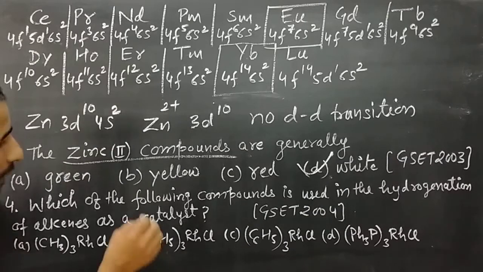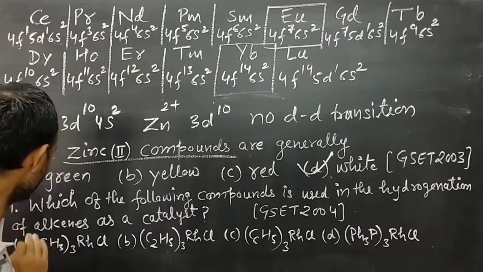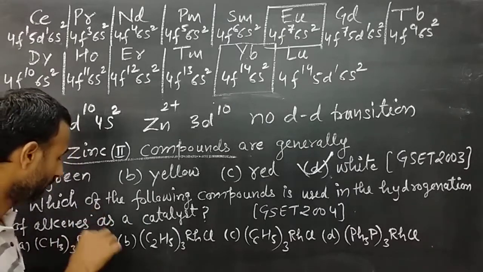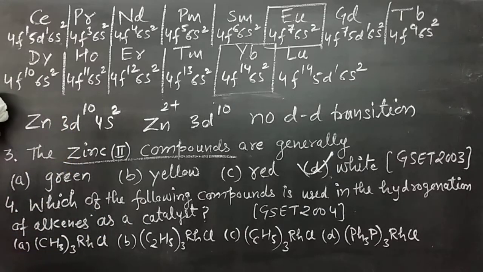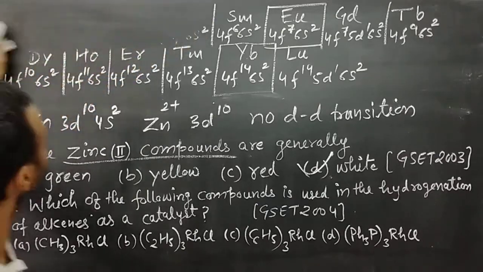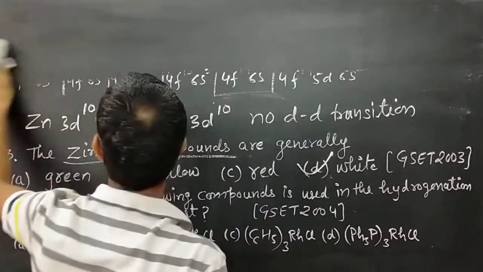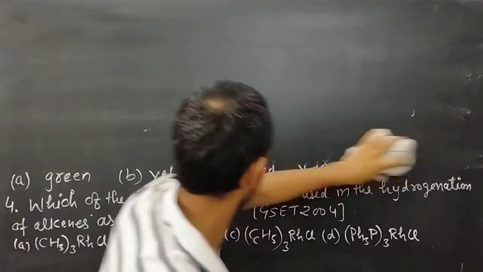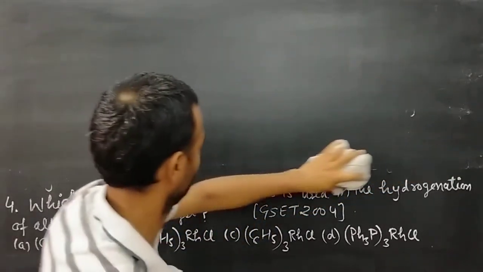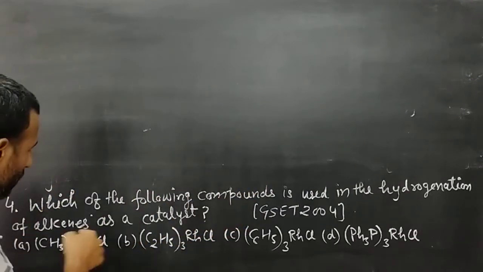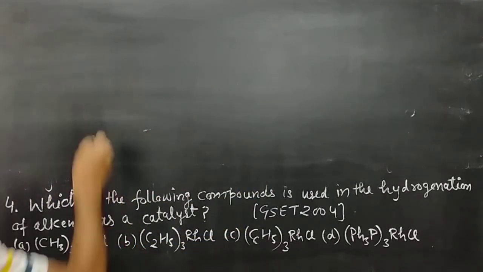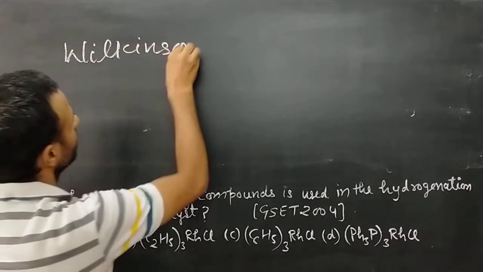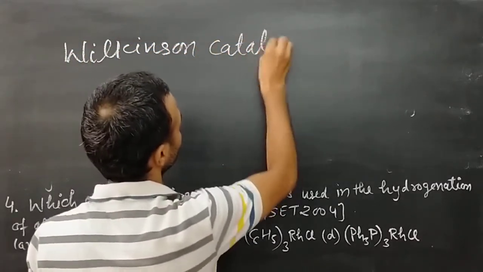Which of the following compounds is used in the hydrogenation of alkenes as a catalyst? For hydrogenation of alkenes, we use Wilkinson catalyst.